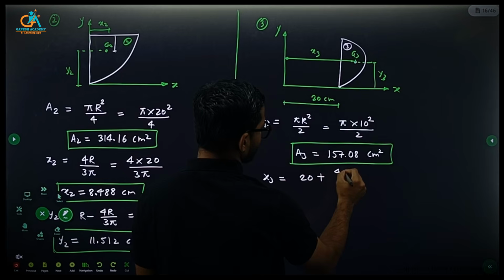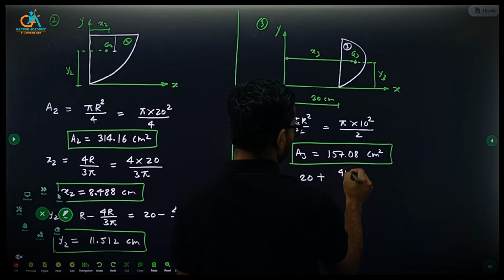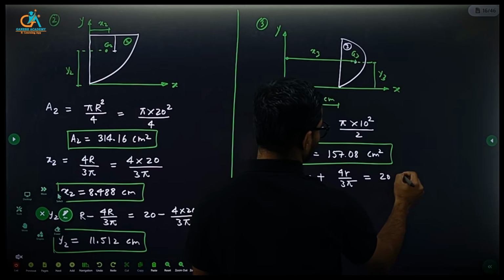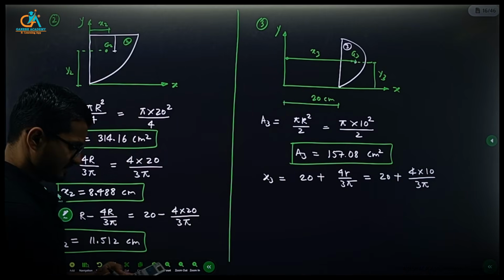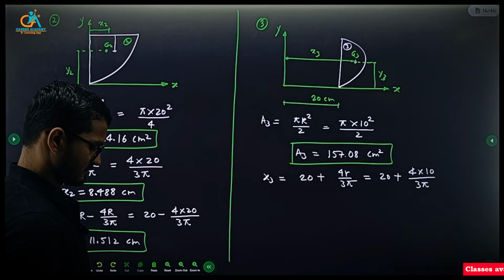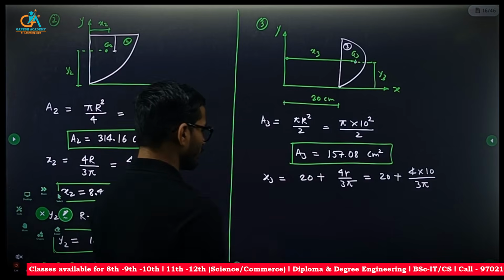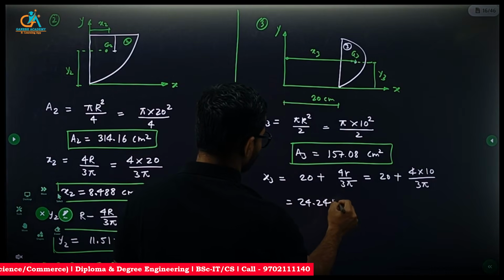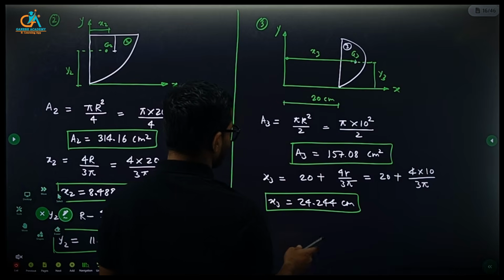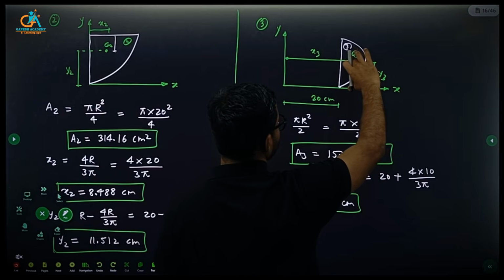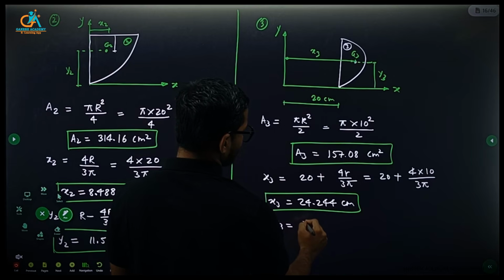So 20 plus 4r by 3 pi gives 24.244 centimeter, and y3 is simply the radius, right? So it is 10 centimeter.